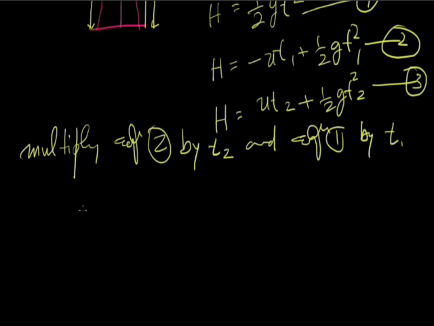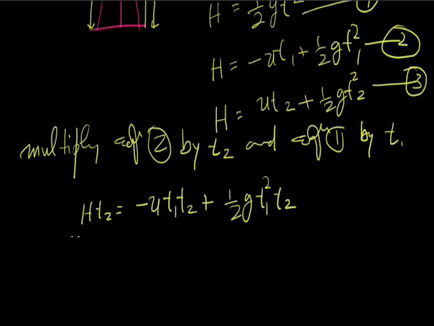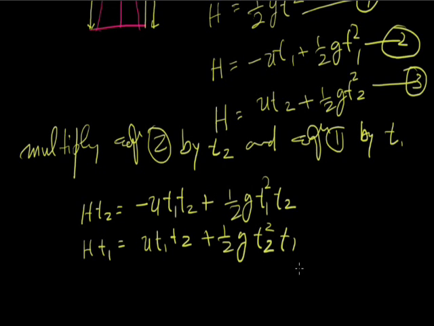So h t2 is equal to minus u t1 t2 plus half g t1 square t2. Similarly, h t1 is equal to u t1 t2 plus half g t2 square t1.